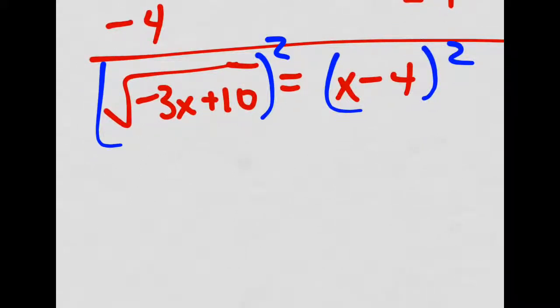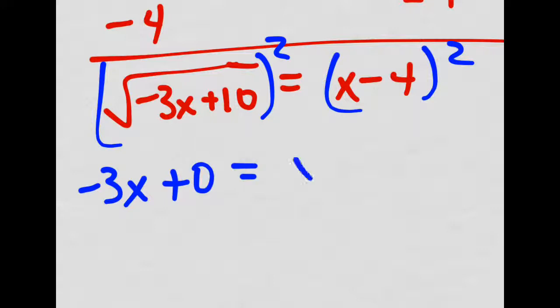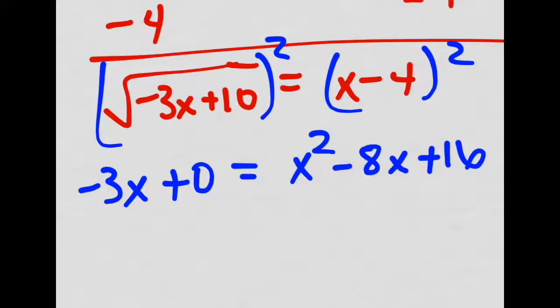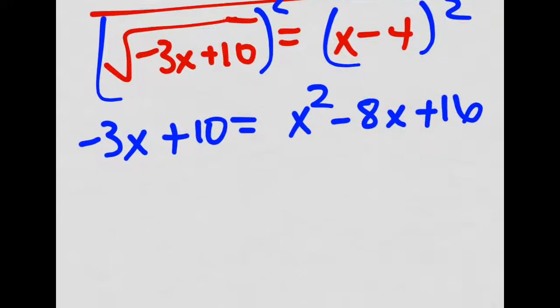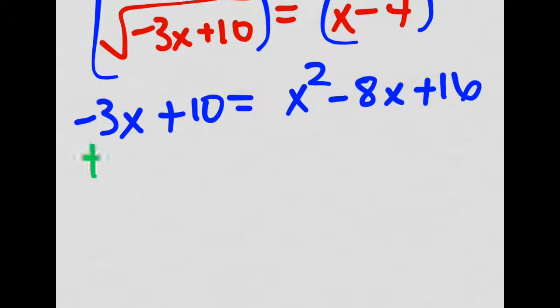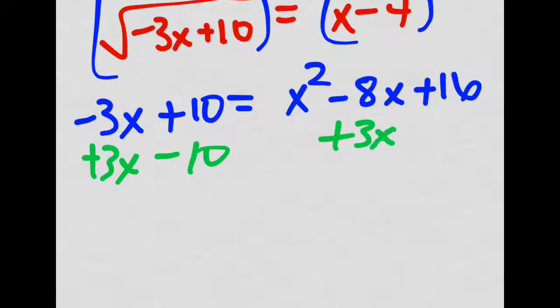So that gives me negative 3x plus 10 is equal to x squared minus 8x plus 16. Alright, so then I can add 3x, subtract 10, add 3x, subtract 10.